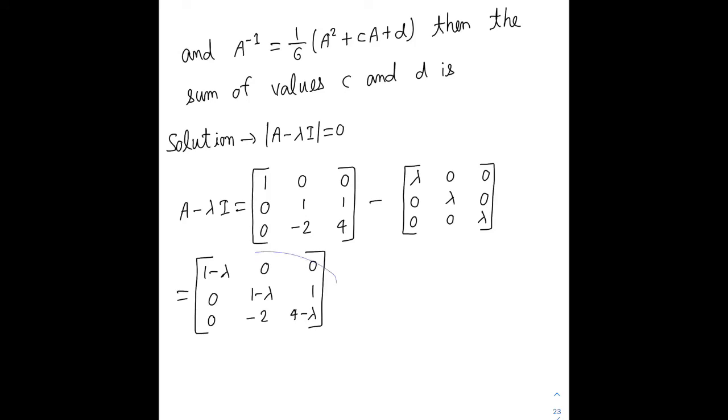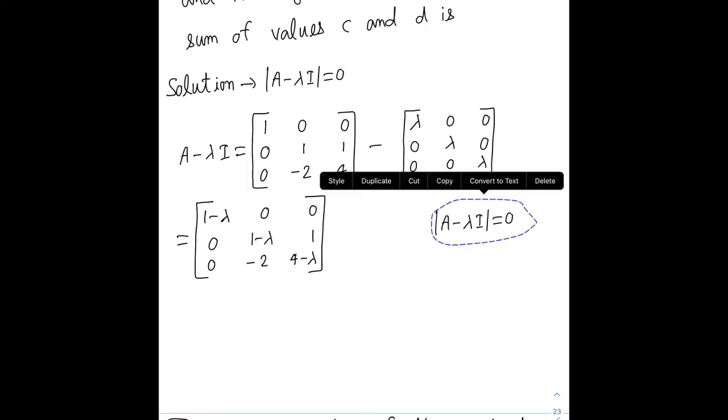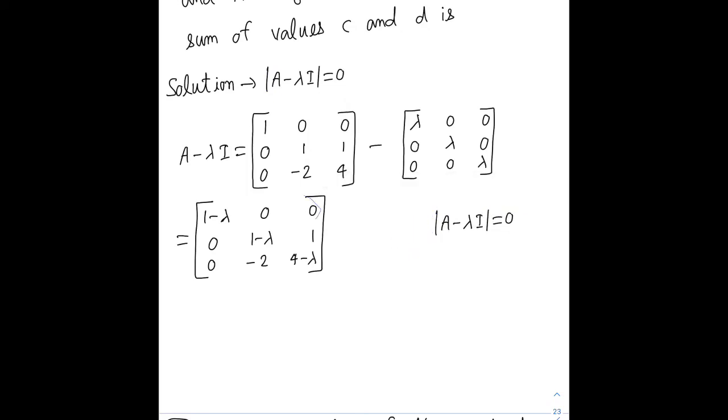Now we need to equate the determinant of it to 0. So when we find the determinant, represented by determinant of A minus lambda I equal to 0, if you expand this along any one row, since these two elements are 0, you will get 1 minus lambda into, in square bracket, 1 minus lambda into 4 minus lambda, and then minus 2 into 1, so that will become plus 2, equal to 0.